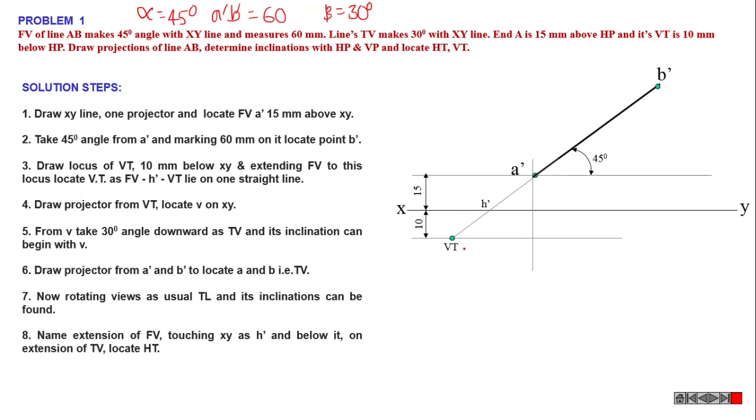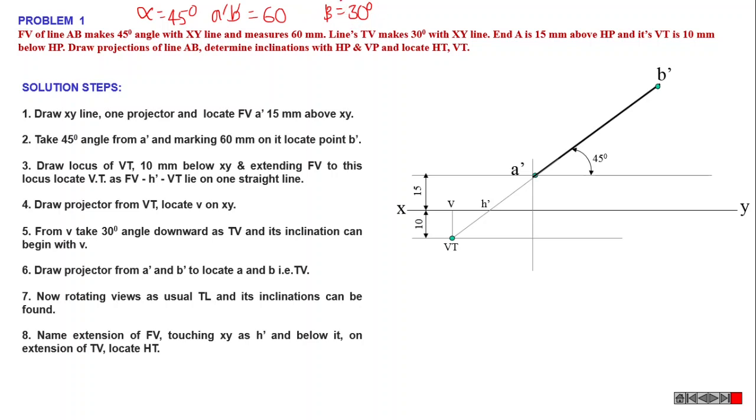Okay, in the next step, we can locate point V by drawing a projection line passing through VT, and find out that point V. Then in the next step, we can draw the locus of top view.